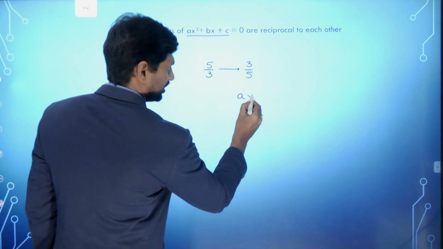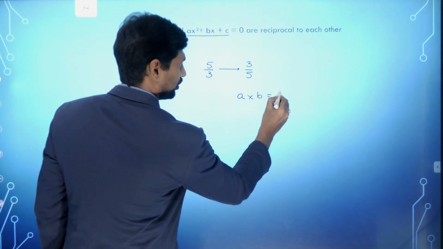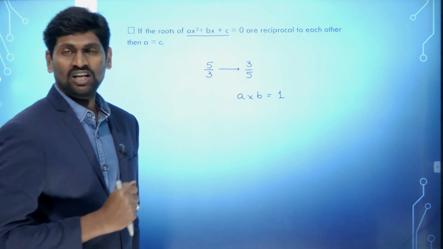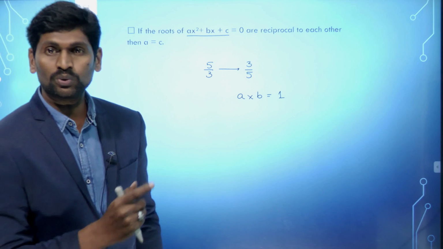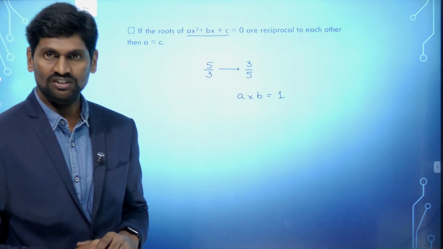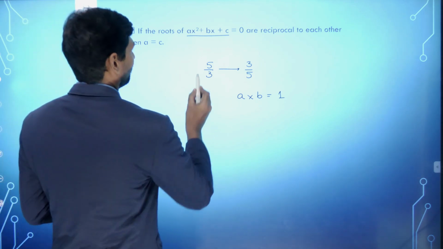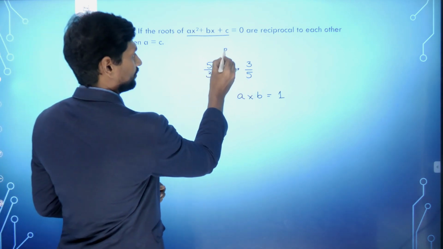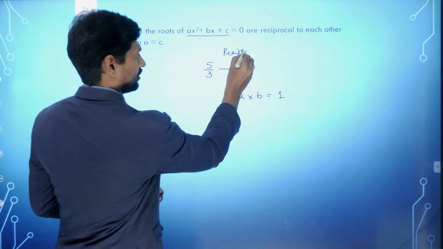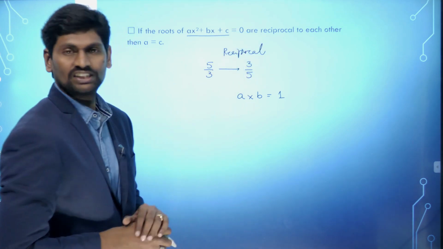Simply as a statement, if A into B equals 1, then A and B are called reciprocals of each other, or multiplicative inverses of each other. In the same way, 5 by 3 has reciprocal 3 by 5.